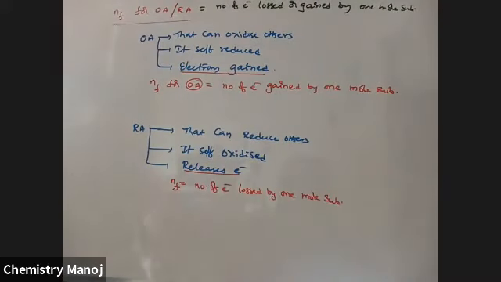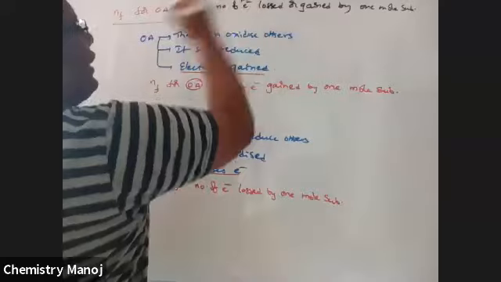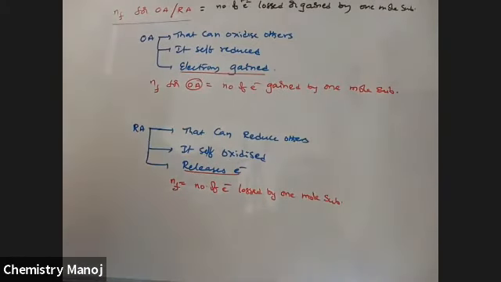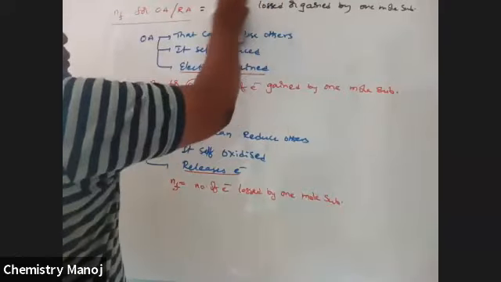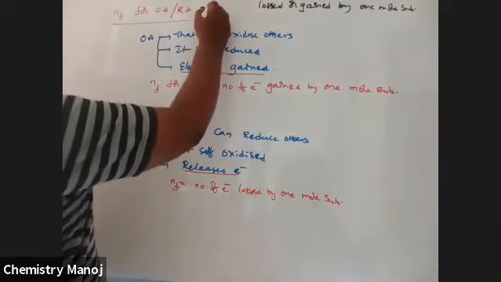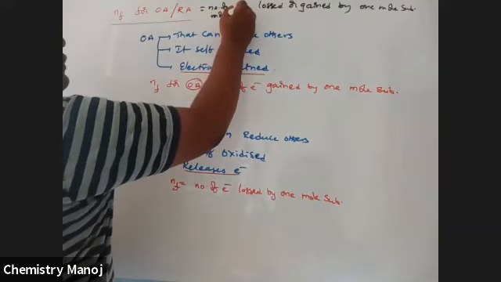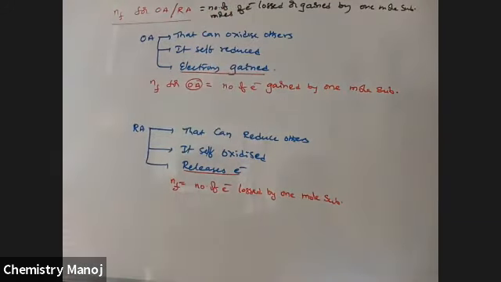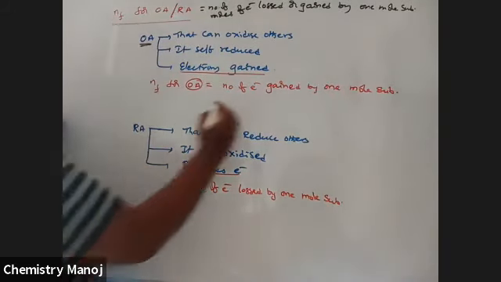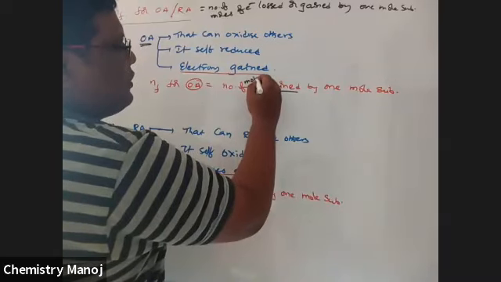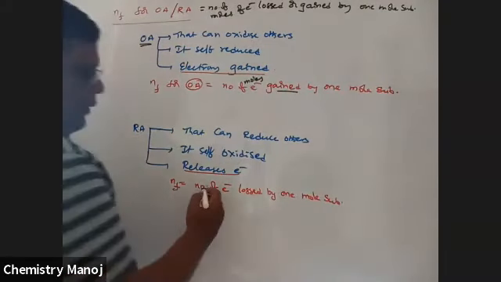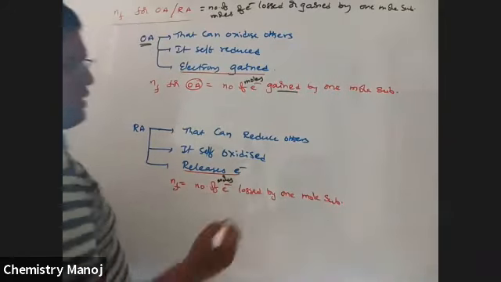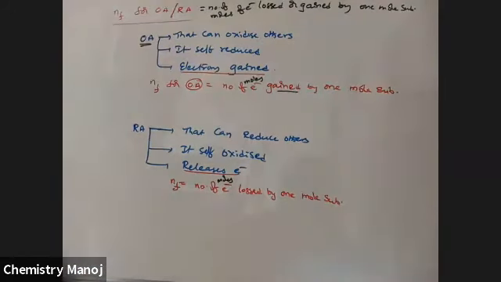Number of electrons or number of moles of electrons, both are correct. Now I am explaining with examples.